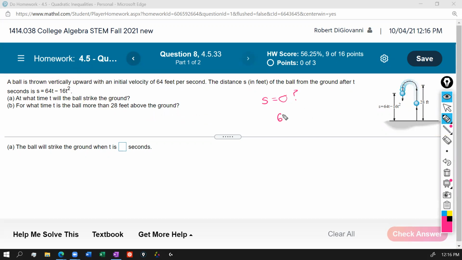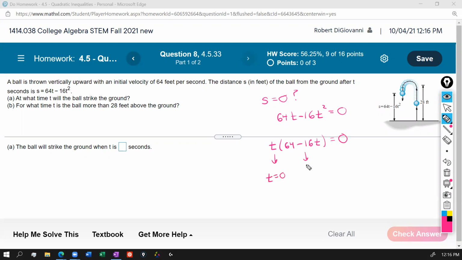Well, all we do is set 64t minus 16t squared equal to 0. We can factor here, we can pull a t out. And then set both of those equal to 0. So I get t is 0.